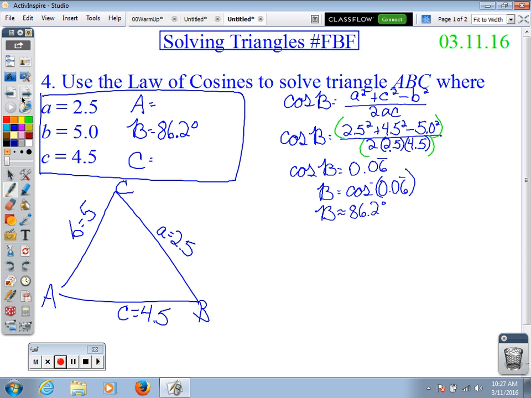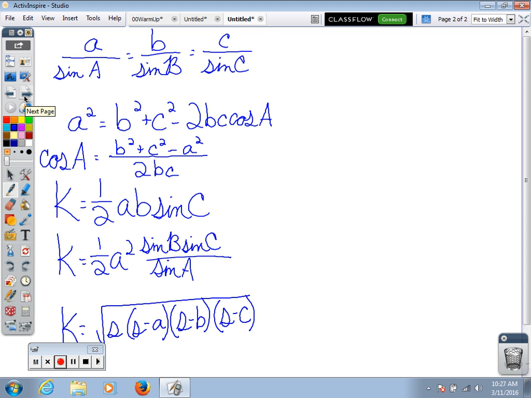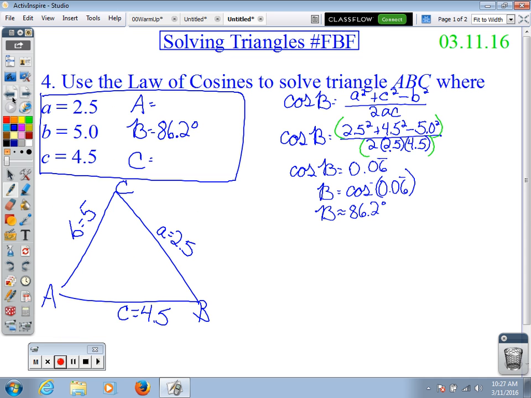Well, if we don't remember law of sines, we can refer to it. Side A over sine of A is equal to B over sine of B is equal to C over sine of C. Well, I have angle B, so that's the one that I'm going to use.